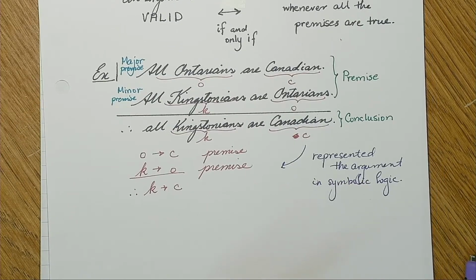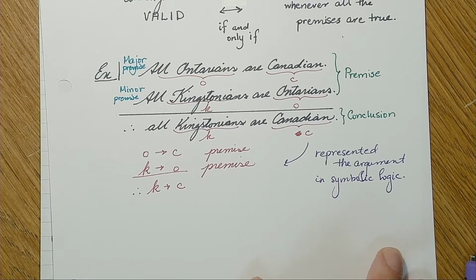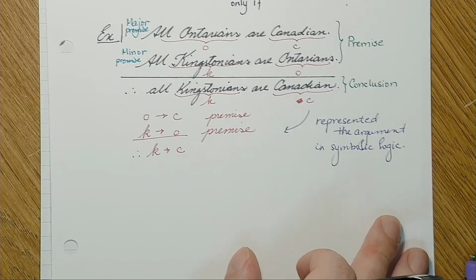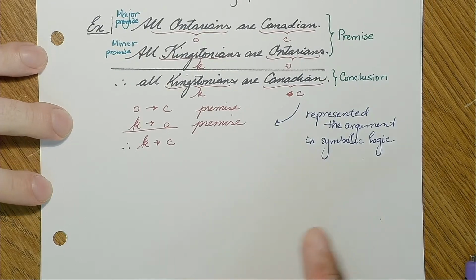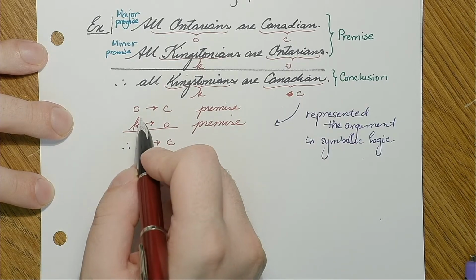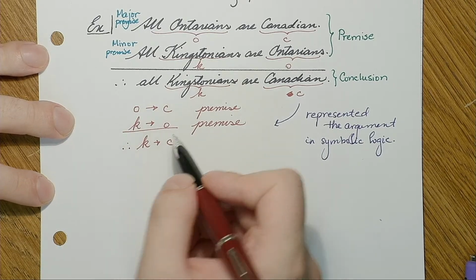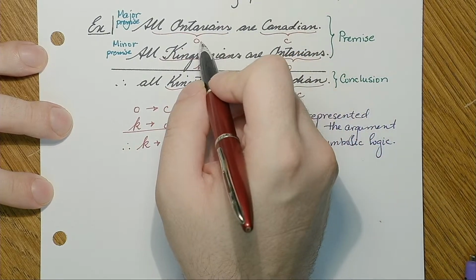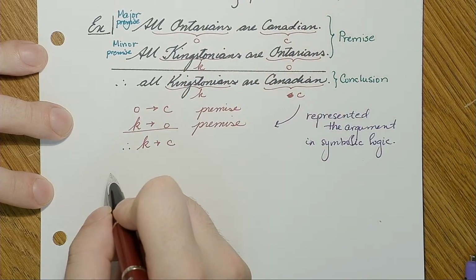Okay, so now that we have this, I'm going to create a truth table. I have three prime propositions: O, C, and K. So I'll write that out.